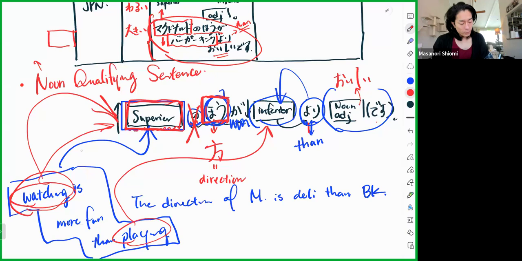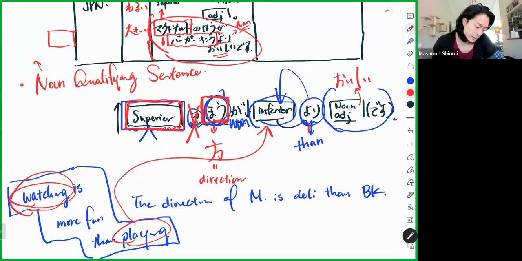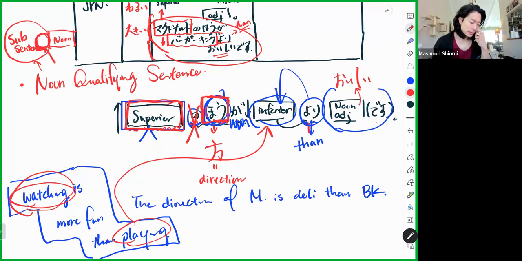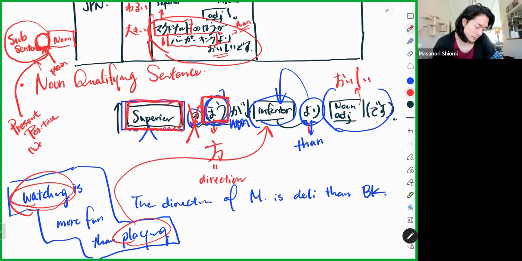The important thing that we needed to remember was that whatever subsentence we are connecting to a noun, make sure the ending of the subsentence, meaning the last word in the subsentence, is plain or dictionary form. With that, we can directly connect to the noun. The only exception was if the last word of the subsentence was present positive noun or na-adjective. In this case, it differs.